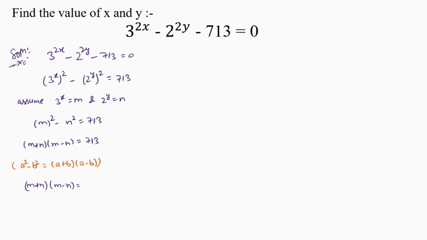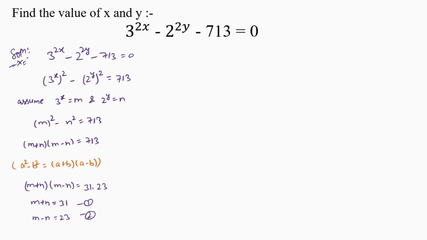Now we can factor 713 into 31 times 23. They both are prime numbers. So on comparing this, we get m plus n is equal to 31 and m minus n equals 23.